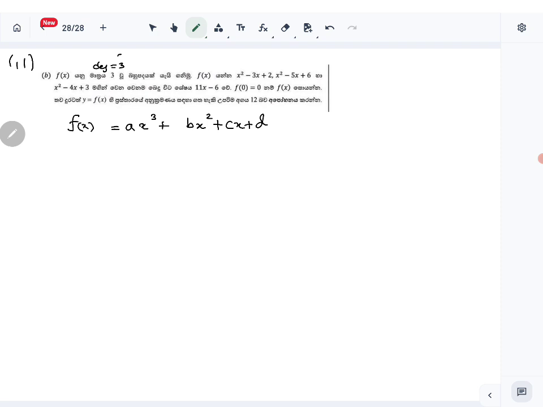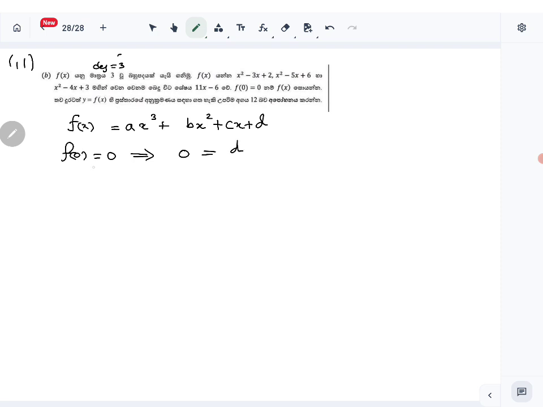The easiest thing to find is d. d is going to be 0. The reason is that f of 0 is 0, so d is 0.